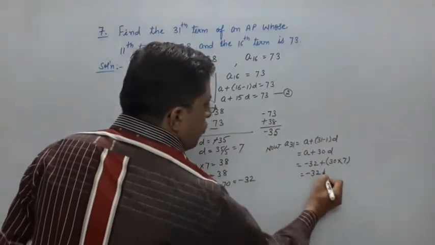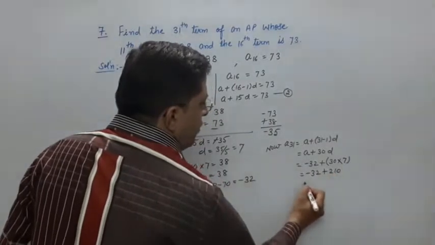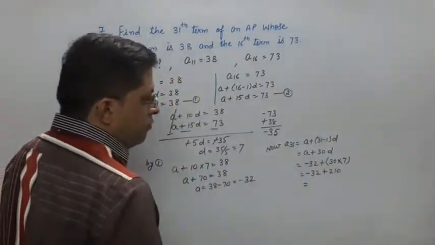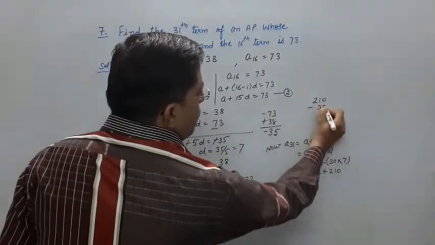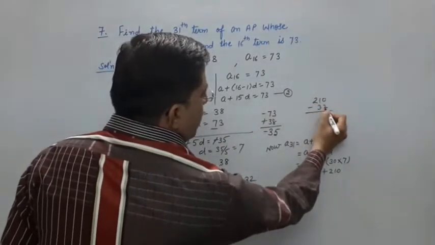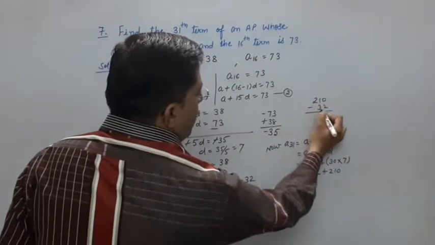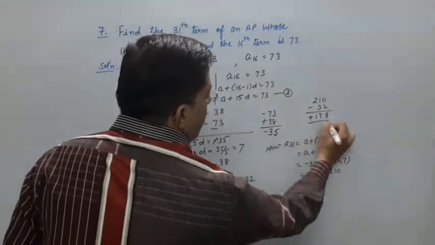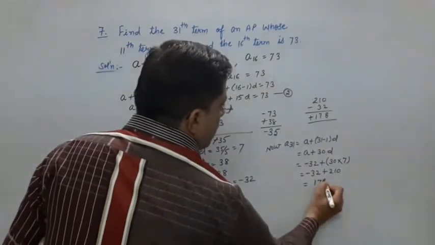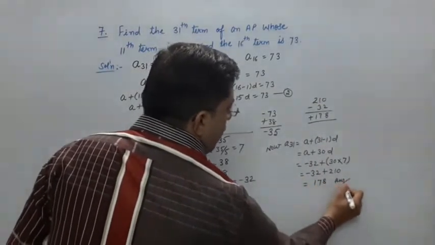Minus 32 and 210. What will come? 210 minus 32: 10 minus 2 is 8, and 20 minus 3 is 17. Plus sign will come. This is 178. This is your answer.